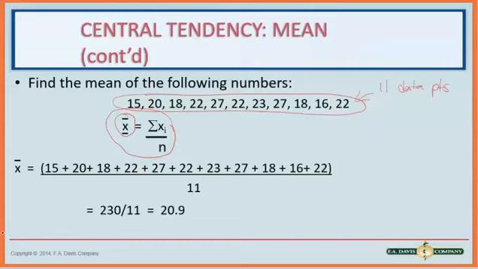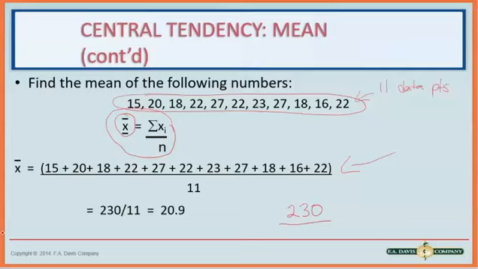So everything's written out for us down here. Everything's plugged into the equation. So we're taking all our data points and we're adding 15 plus 20 plus 18 plus 22 plus 27 plus 22 plus 23 plus 27 plus 18 plus 16 plus 22. You add all those together and you get 230.